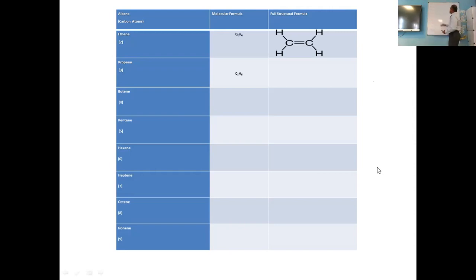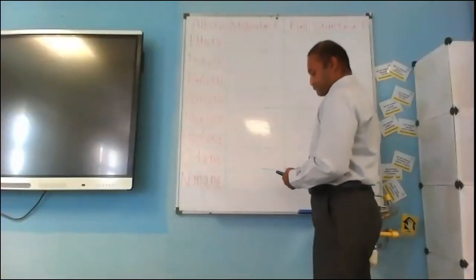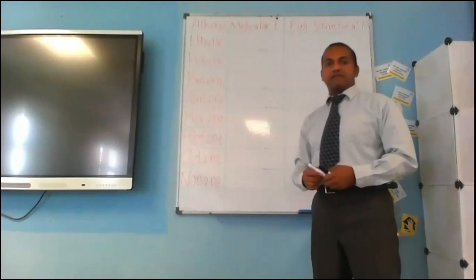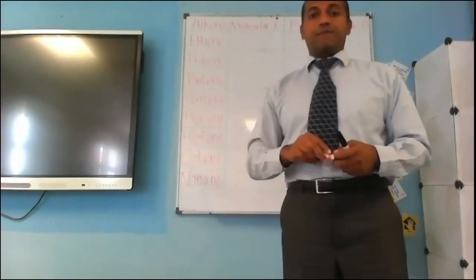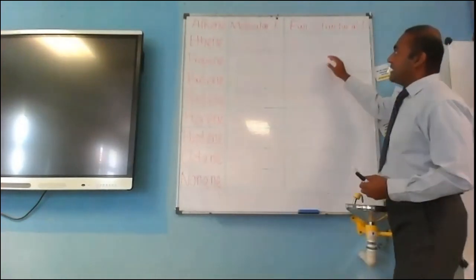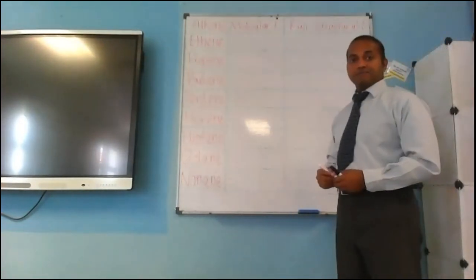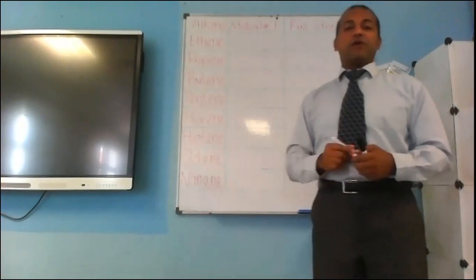Without memorizing it, the first technique that I would use is always to draw. We know that all alkenes have one double bond.